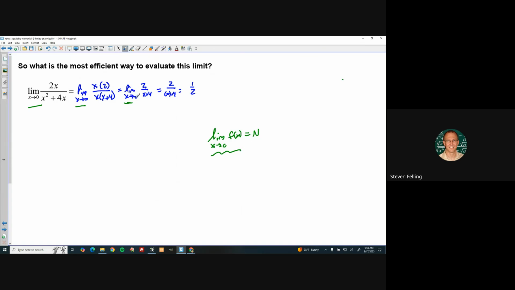But once we plug the target value in, we have now transitioned to this side, which means for this step, there's no limit, right? Here, we're saying this limit is equal to some number, and these values over here are just values of the number. So it's important to include the limit and the expression for the function while you're working on the left side. And then when you finally get to a step where you've transitioned to the right side, then you don't include the limit anymore. All right?